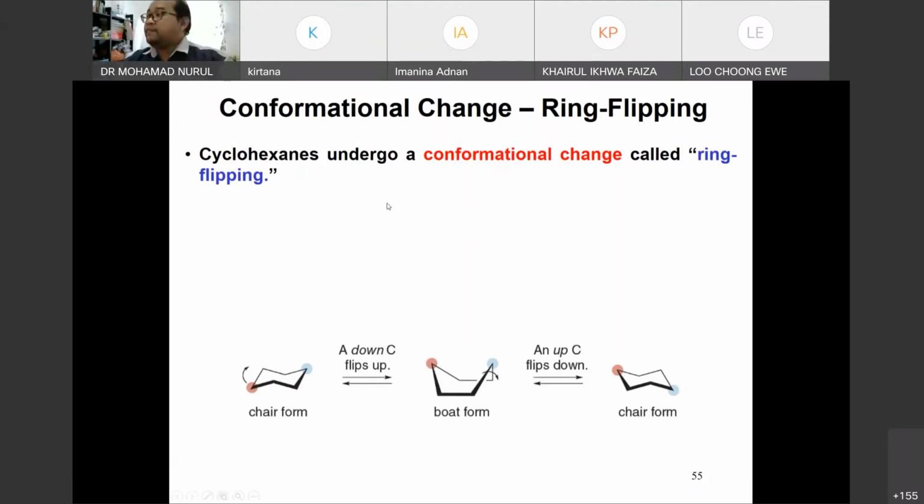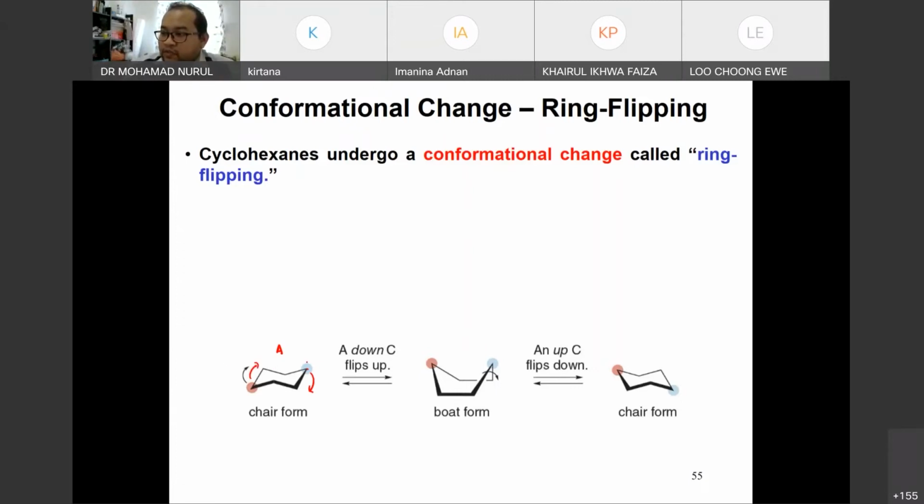So we call this ring flips. It means from one conformer, this one, conformer A, we can easily flip down. It means we pull this carbon down and pull this carbon up.